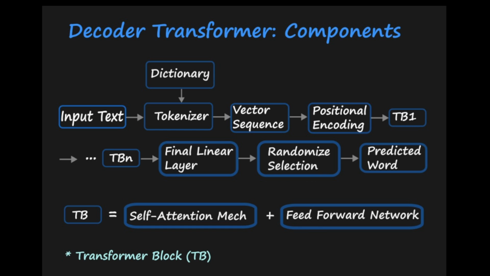To be clear, there's not much difference in the components in the inference mode versus training mode. The only block not in the training mode here is the randomized selection block at the end of the flowchart. Everything else is in harmony with the training components.